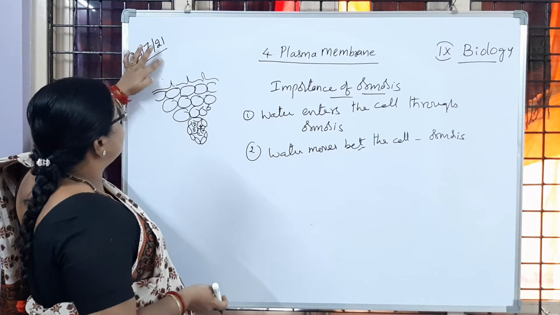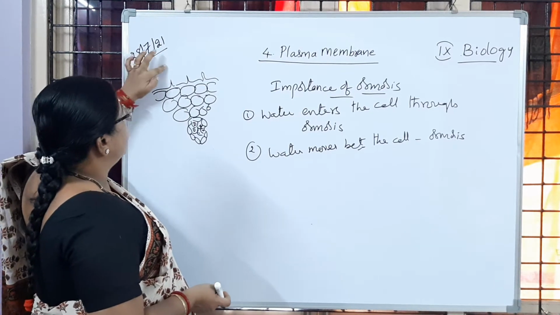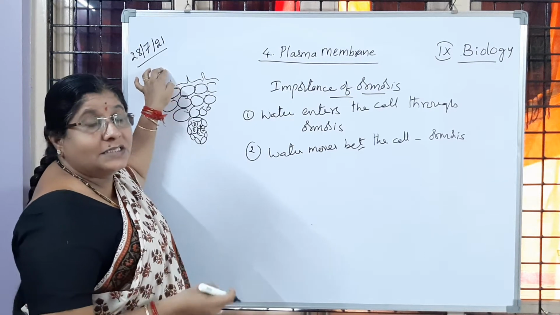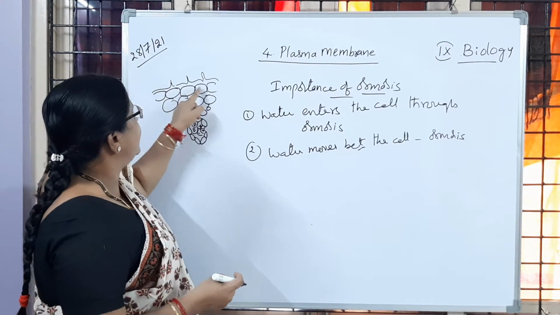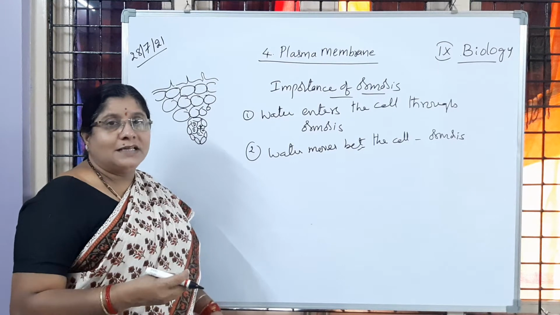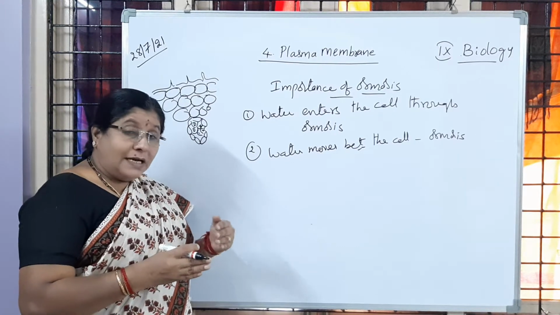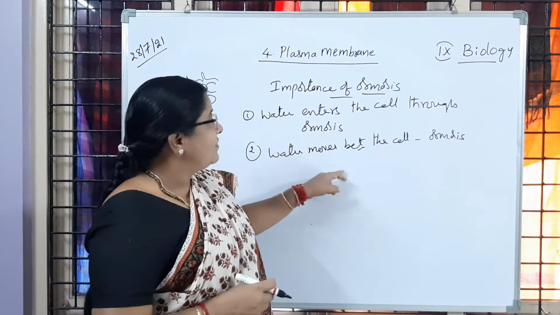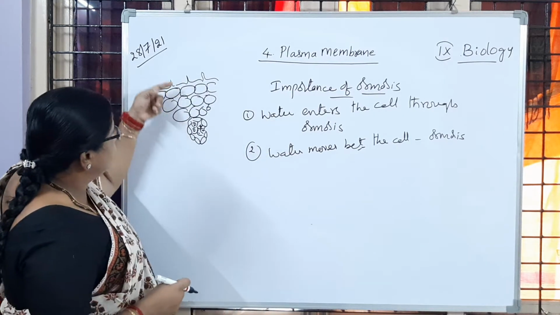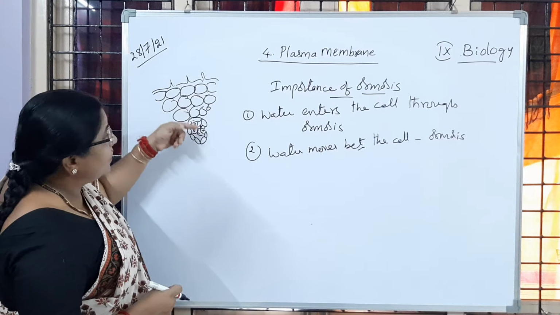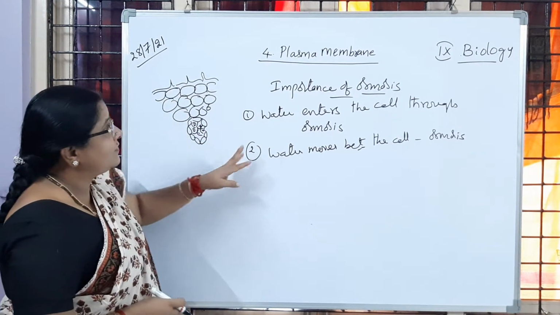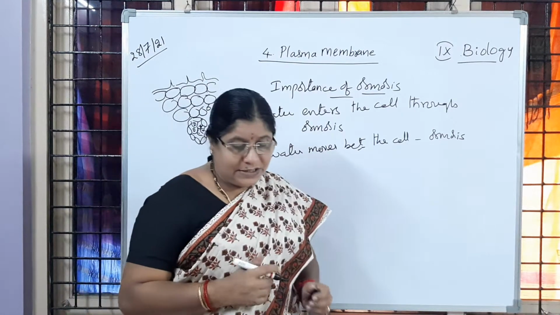Suppose water from the outside is entering; the concentration of water dissolved with minerals is less when compared with the salt content present inside the cell. That movement is happening through the plasma membrane. Is it clear? So all the cells are filled with water. Here we are talking about water only, and that is because of the process of osmosis. Is it clear to you?